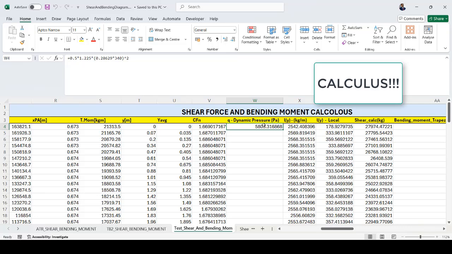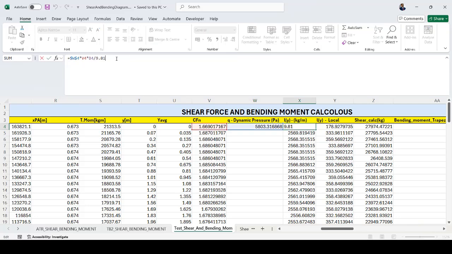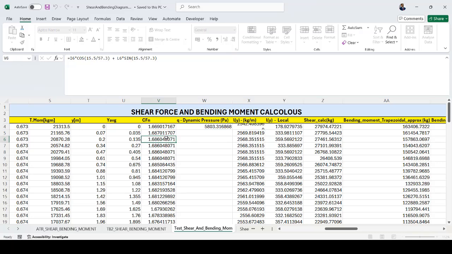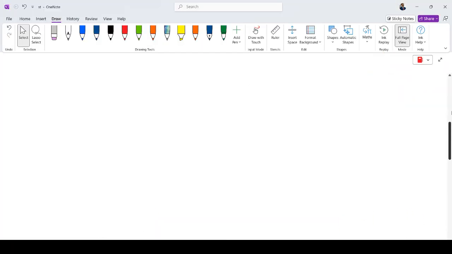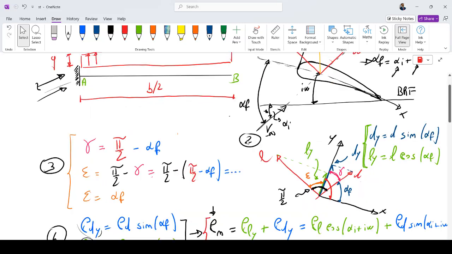Here I have calculated the dynamic pressure expressed in Pascal, but to obtain Ly as kilogram over meter, I divide by the constant 9.81, that is the gravitational acceleration. This is the CFN, the coefficient in the normal direction, which, if you remember from figure number 2, is in the y direction.